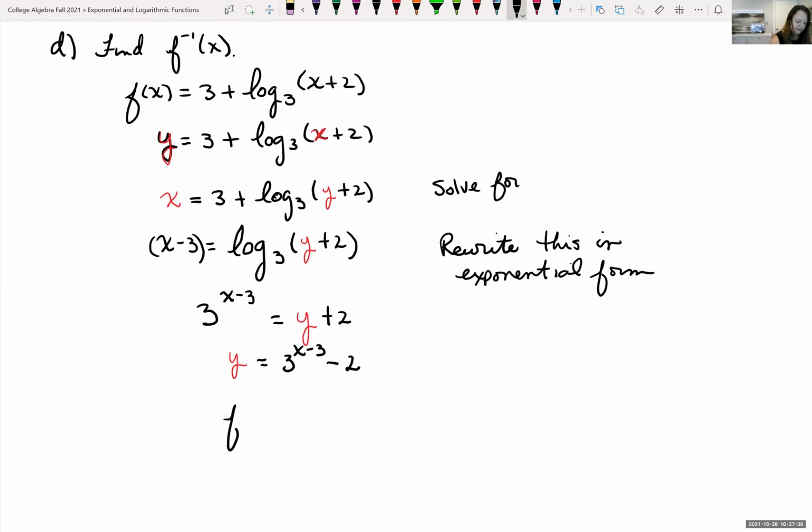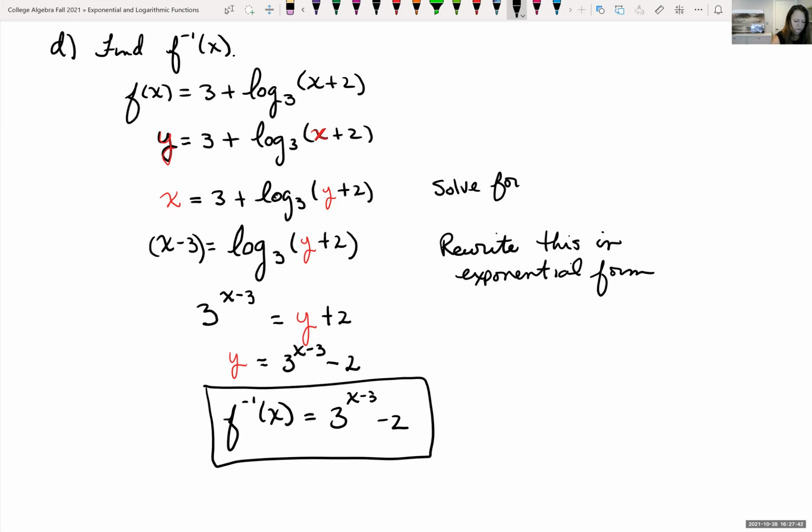So now we have our f inverse function. So that was part D. Part E, use f inverse to find the range of f.